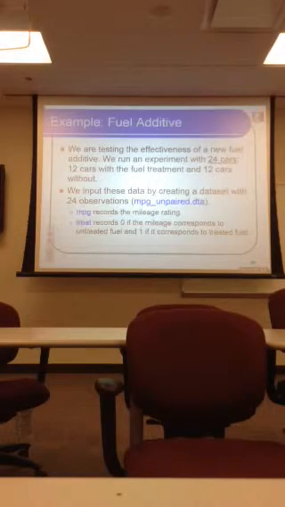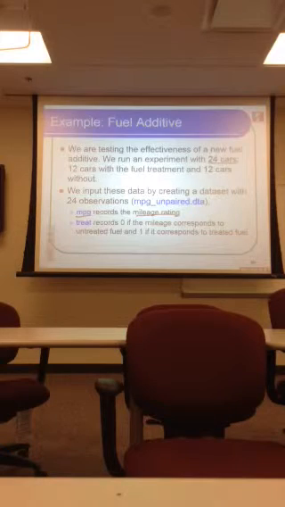If you want to test the effectiveness of a new fuel additive, and you run the experiment with 24 cars, 12 cars with the fuel treatment and 12 cars without the fuel treatment. In this case, the outcome of interest is the mileage, a continuous variable.